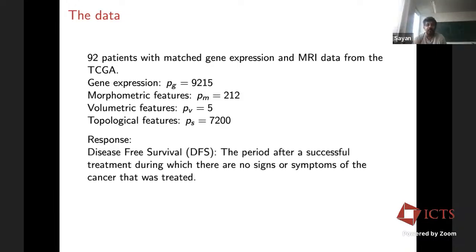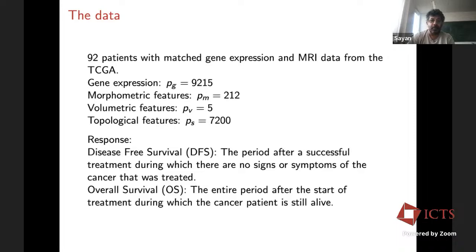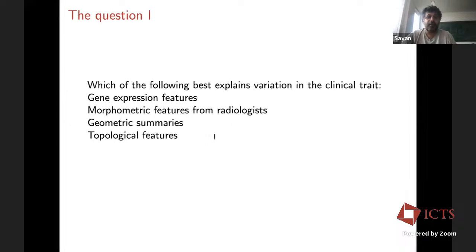Okay, so what are we going to look at? We're going to look at disease-free survival. This is a period after successful treatment where there are no signs or symptoms of the disease. And we're going to look at overall survival. And so that's the entire period after the start of treatment, during which the cancer patient is still alive.